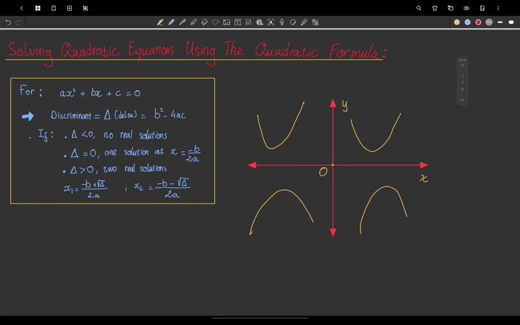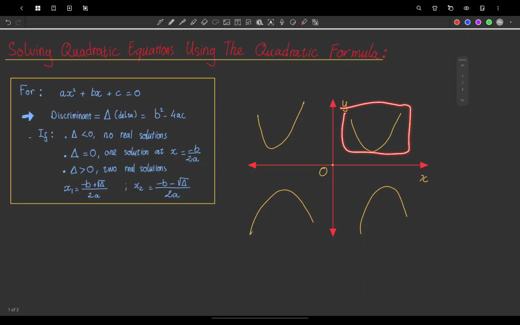There are many other ways we can draw this, but I'm just trying to explain that if you look at these graphs, there's no x-intercept between the parabola and the x-axis at all.